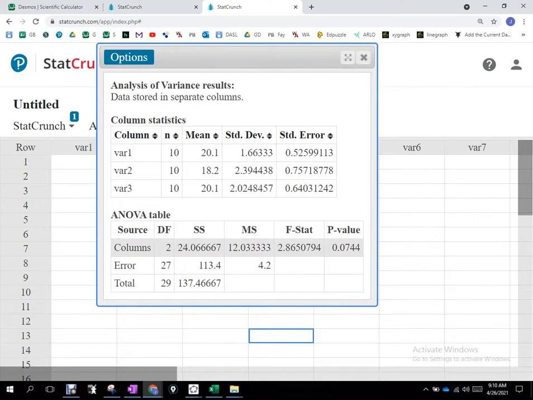But if we just started using the tool and it spits back all these values, the mean, the standard deviation, the standard error, SS, MS, F-stat, p-value, none of that makes sense because I don't know where it's coming from. But since we've gone through the formula once, hopefully we understand where those are coming from.